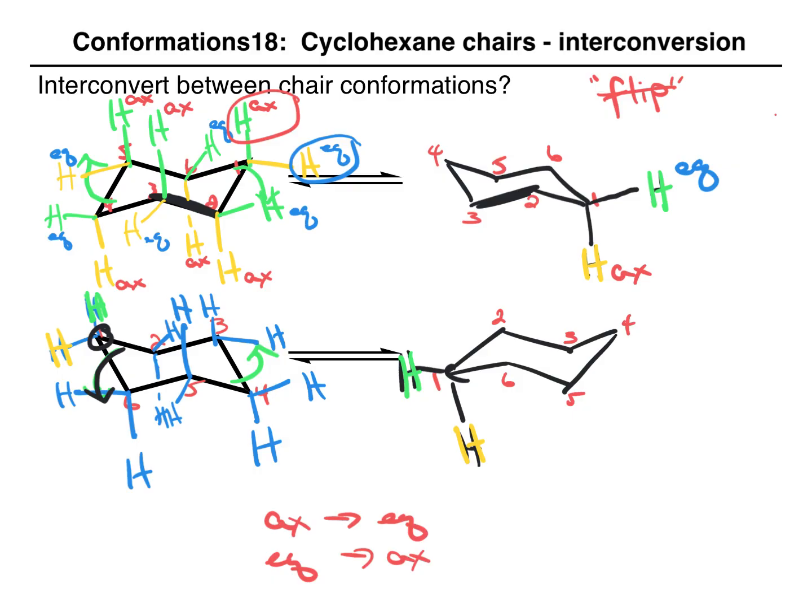I highly recommend that, first of all, when you are starting with your flat structure, go ahead and number those carbons. And then number these carbons corresponding to these carbons, and then double check as well.